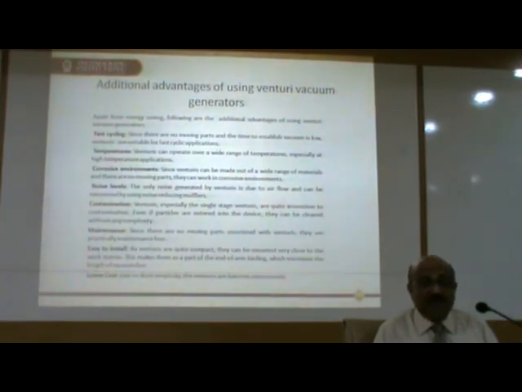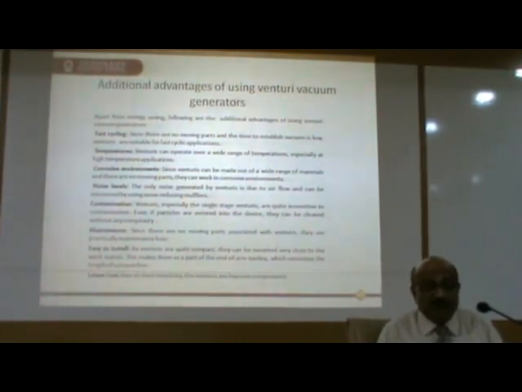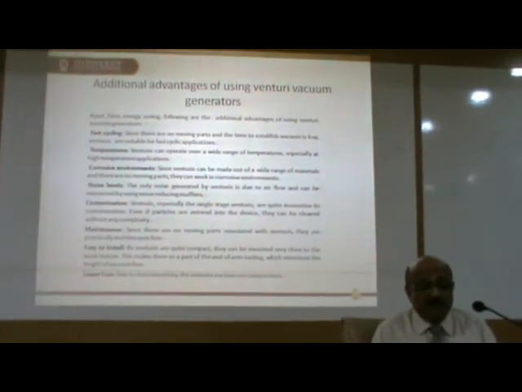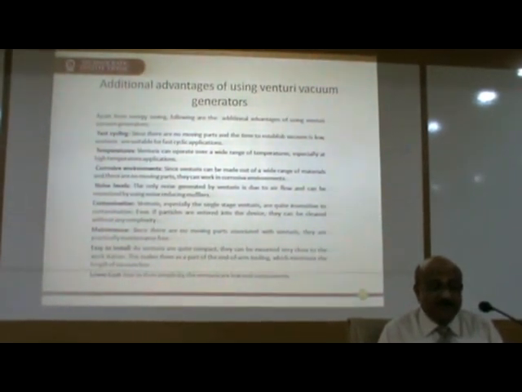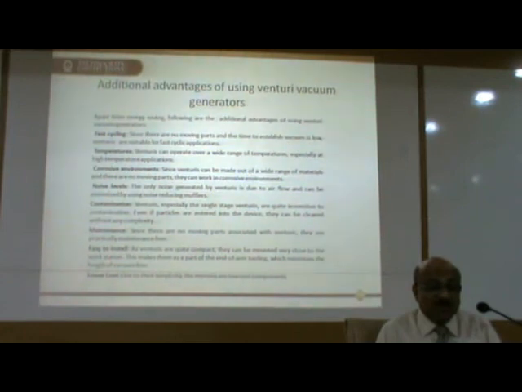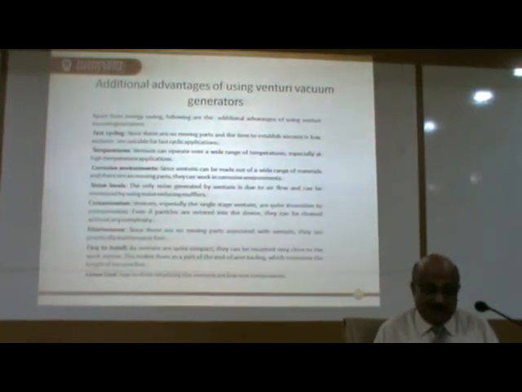In addition to this, what were the other advantages we got? It is, you can say, the consequence of the use of the vacuum generator, of course, in the positive way. The first is fast cycling. Since there are no moving parts and the time to establish vacuum is low, Venturis are suitable for fast cyclic applications.